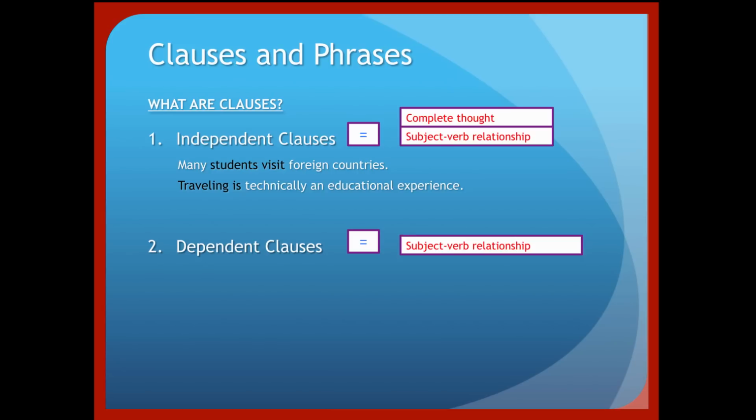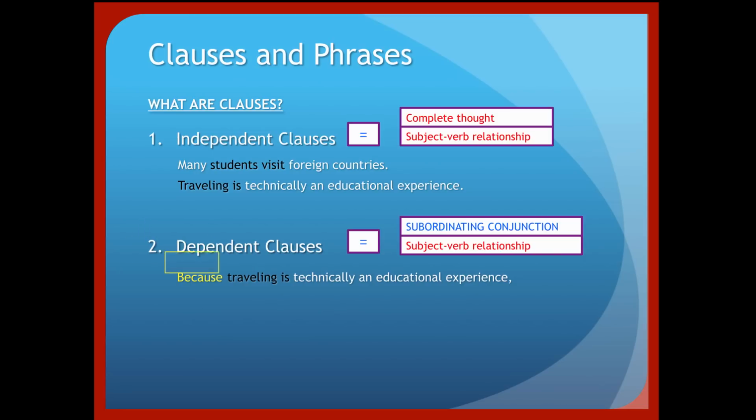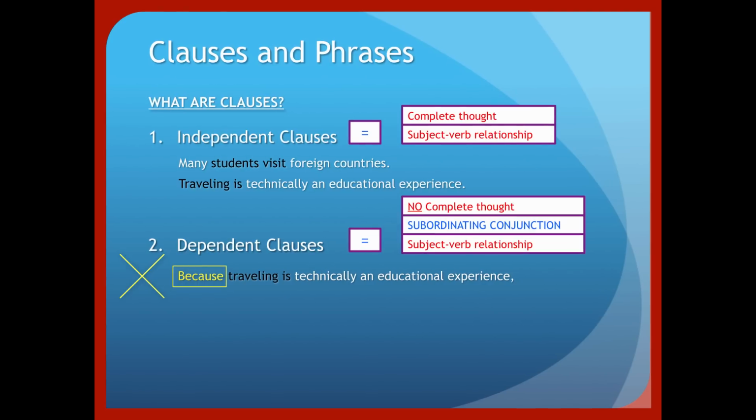One major difference between independent and dependent clauses is a subordinating conjunction. Dependent clauses begin with a subordinating conjunction like the word because. Once you attach the subordinating conjunction, creating a dependent clause, you do not have a sentence with a complete thought. It technically is a fragment sentence.